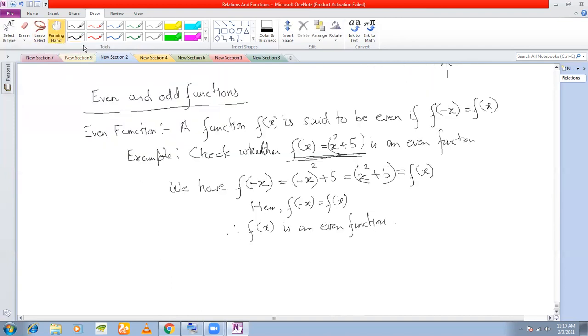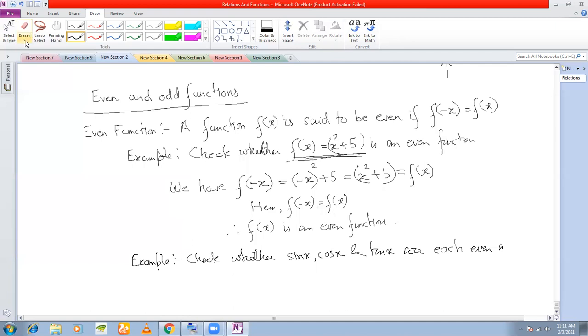Now let's say, check whether sin x, cos x and tan x are each even or odd functions. Let me define even or odd function first, then I will do this sum.